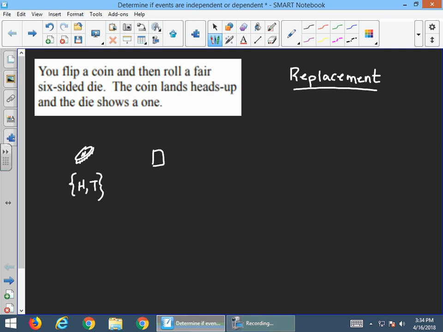Let's see my great artistic ability. There's a die, and one of six things is going to happen on the die. I'm going to get a 1, a 2, a 3, a 4, a 5, or a 6.